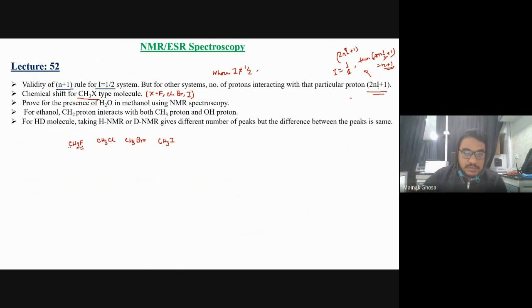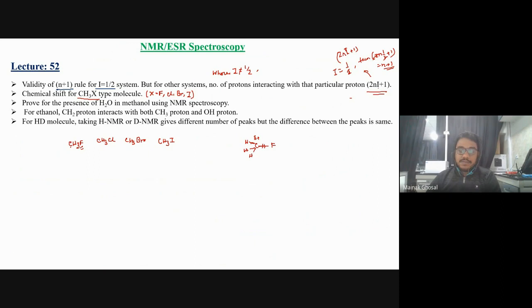What I'm trying to say is, this is hydrogen, carbon, hydrogen, and this is fluorine. Since fluorine is much more electronegative, it will pull electron density from carbon, so carbon will become more delta plus, or electropositive. Since it becomes more electropositive, these hydrogens will be less shielded.